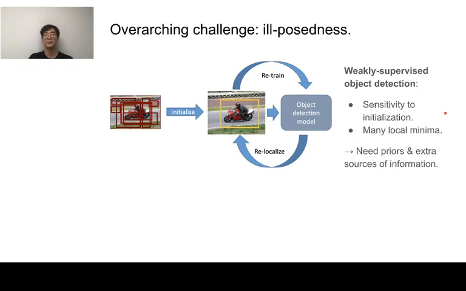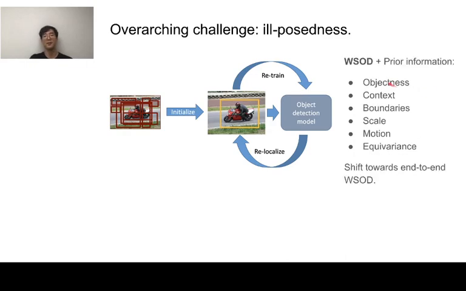This framework is sensitive to initialization and many local minima, because of the ill-posedness of the problem. And therefore, methods in this field have sought different priors and extra sources of information to resolve the ill-posedness. For example, objectness, context, boundary, scale, motion, equivariance, and so on. And now there's a shift towards end-to-end methods.